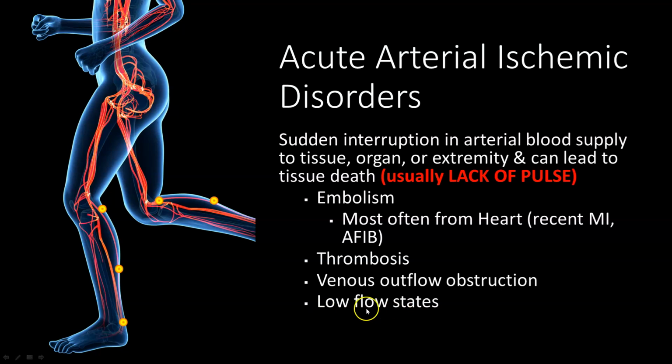And then, of course, if you are in a low flow state, which is just their fancy way of saying you're not perfusing, your blood pressure is low, you got hypotension, you're in shock, whatever it may be. This is our renal clients who have diabetes and CAD, ACS, hypertension, all the good stuff that we talk about with cardiac clients.